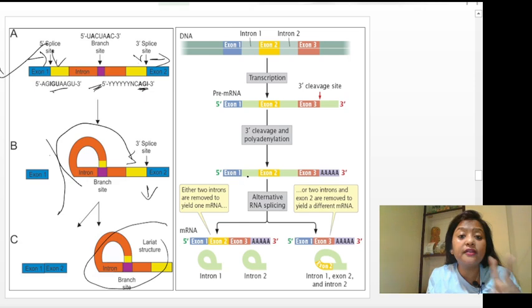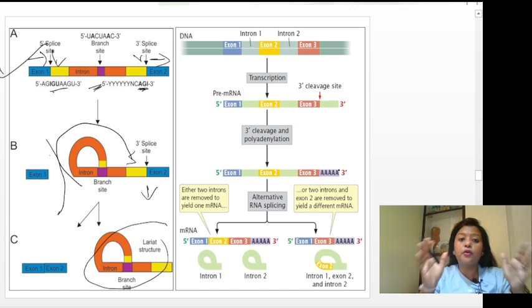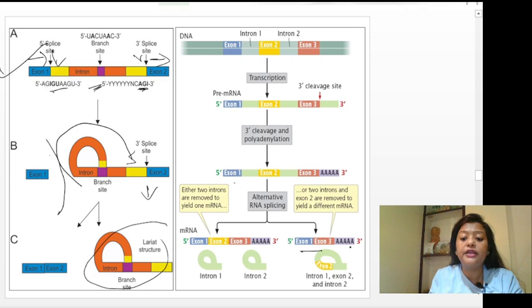Here, first of all, there are two possibilities. One is that exon 1, exon 2, exon 3 and the poly A tail come together and form a proper mRNA. Or the other way, maybe exon 1 and exon 2 come and the poly A tail comes, which means exon 3 is not coming.